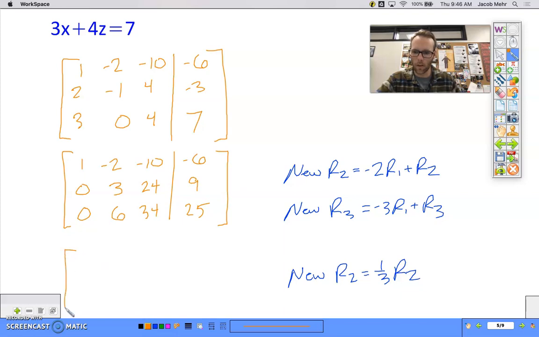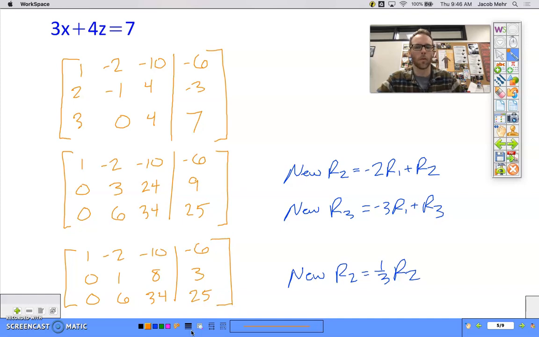Squeeze it in there. All right, so we've got 1, -2, -10, -6. 0 times 1/3 is 0. 3 times 1/3 is 1. 24 times 1/3 is 8. 9 times 1/3 is 3. And then we will just keep this one the same for now. There we go.